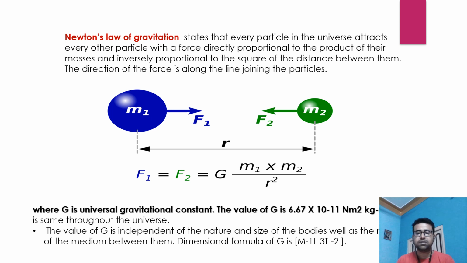The value of G is 6.67 times 10 to the power minus 11 newton meter square kg to the power minus 2, and its dimensional formula is M to the power minus 1 L cube T to the power minus 2.